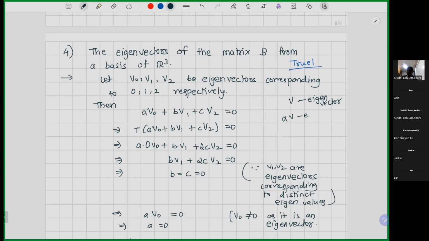We just saw this in the beginning of today's session. But when they wrote this statement, they meant eigenvectors corresponding to distinct eigenvalues. That's what the question means here.